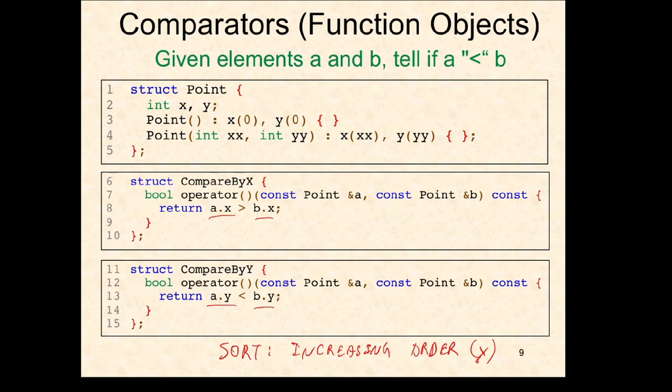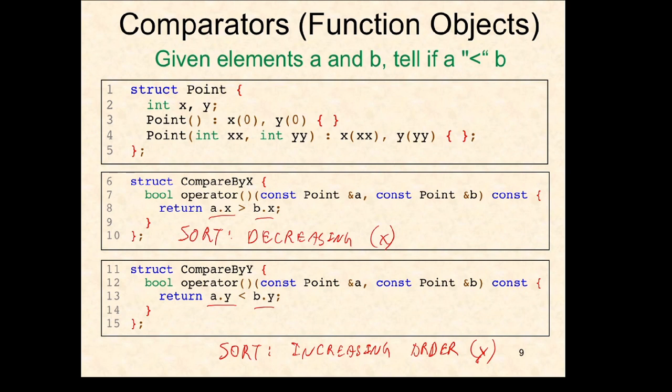So less than as a functor for sorting gives us increasing order. If we did this one based on x, we'd sort in decreasing order by x, of course. So if we change the comparison from a less than b to a greater than b, we're sorting in decreasing order.